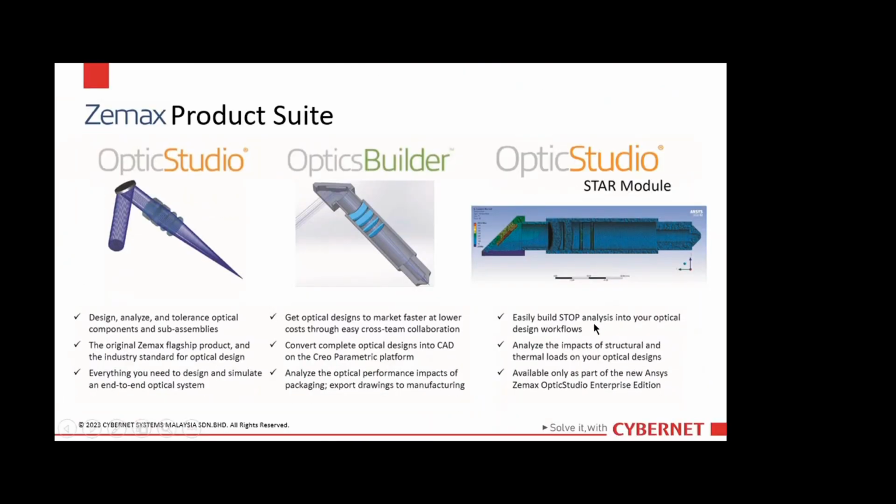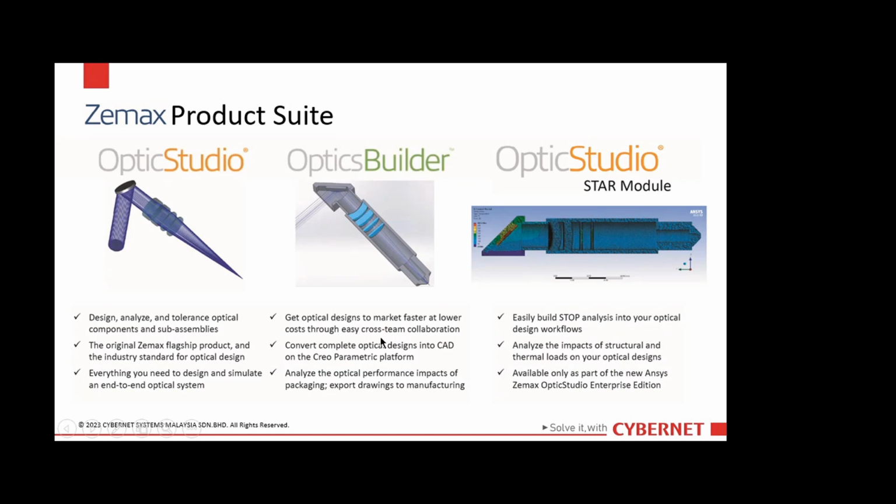So here is the product suite we have. OpticStudio is mainly used to design, analyze, and tolerance optical components. The OpticStudio STAR module is the add-on to OpticStudio for enterprise licenses, mainly to analyze the impact of structural and thermal load on the optical design.